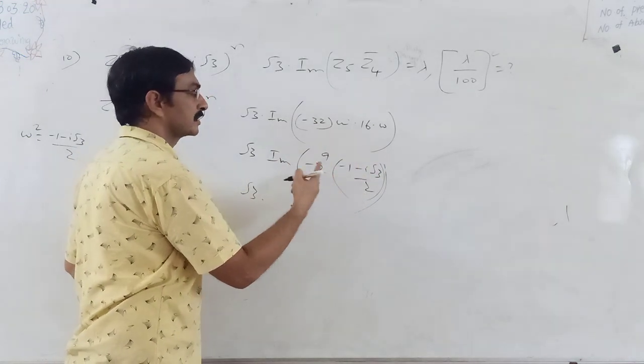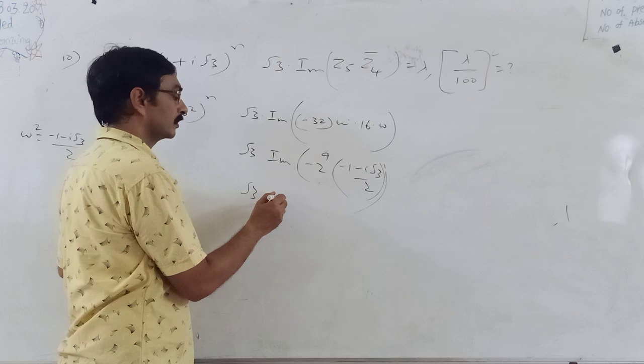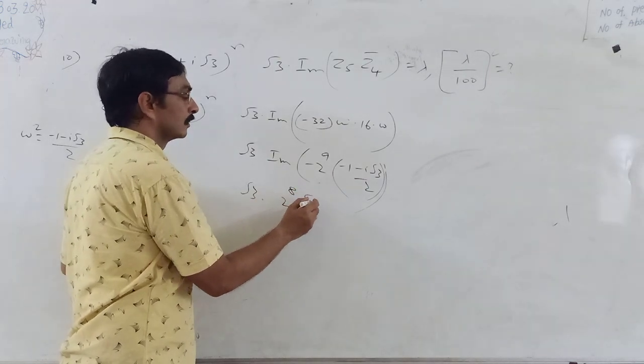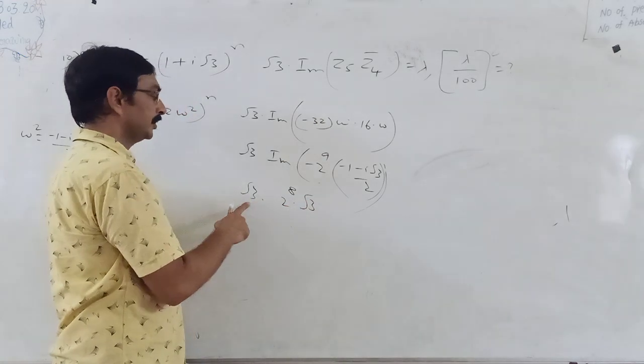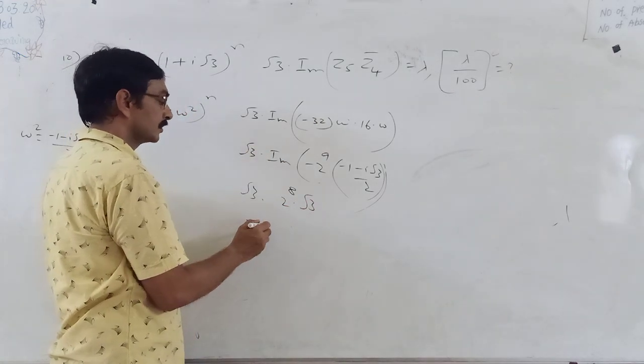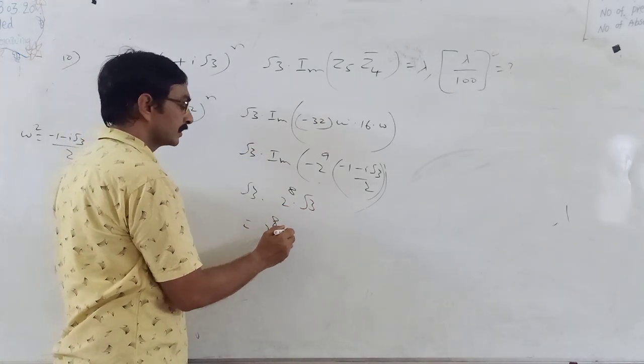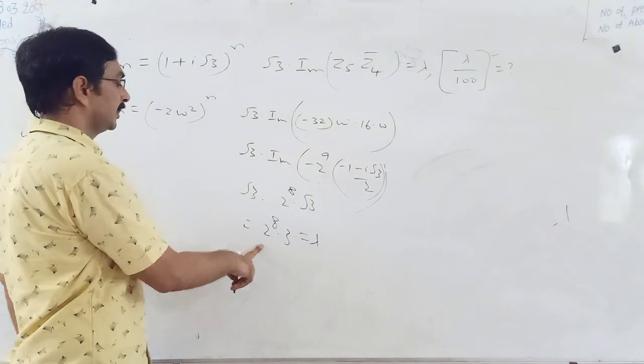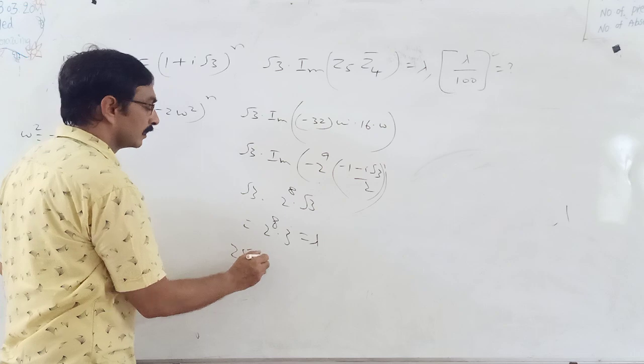So 2 one time cancels, minus minus cancels. Therefore 2 power 8 into root 3, into this root 3, equals 2 power 8 into 3. This is the value of lambda. 2 power 8 value 256 into 3.